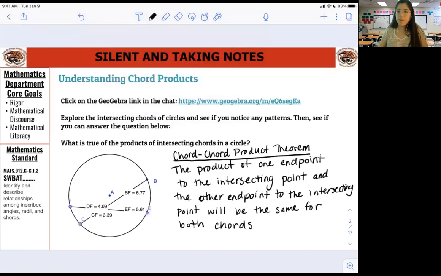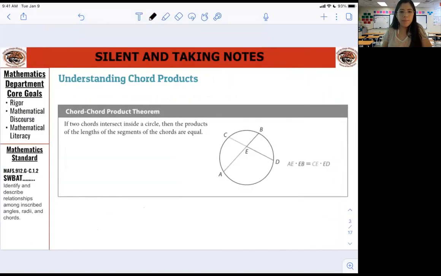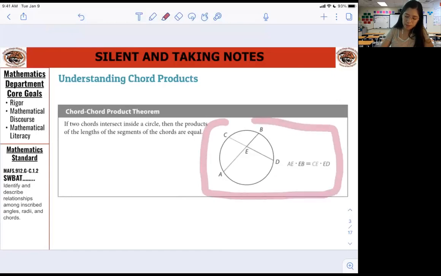All right. So now let's go ahead and take a look at the theorem. This is the way it's written in your textbooks, but since we pretty much already wrote it down, the most important thing is to just have the actual diagram. This diagram is very useful because now we can actually see what it's talking about. AE times EB will be equal to CE times ED.